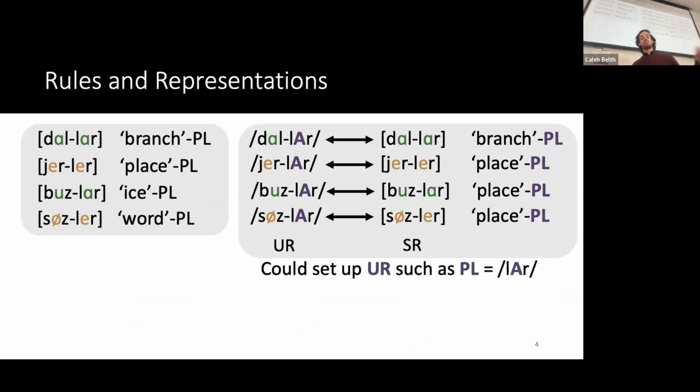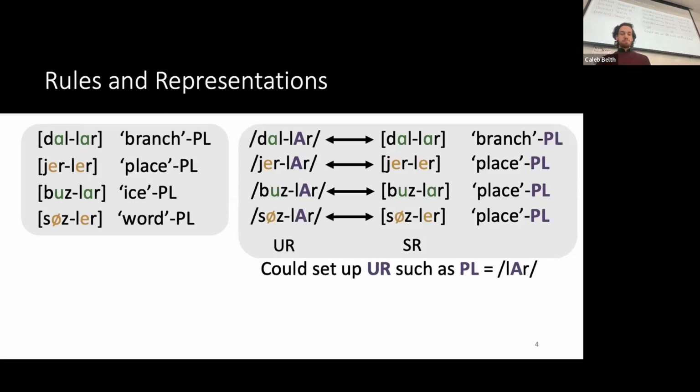We could set up an underlying representation here for the plural, where we sort of have some underlying category for the vowel in the plural suffix that can be realized as a back vowel or a front vowel, color-coded green and gold here. And this is kind of similar in flavor in that now, if we've moved to this sort of abstract underlying form, we have to then map that form to its multiple surface realizations based on the phonological environment.